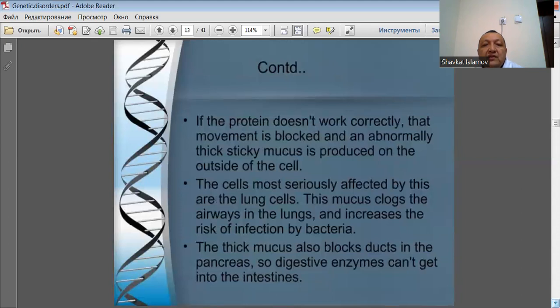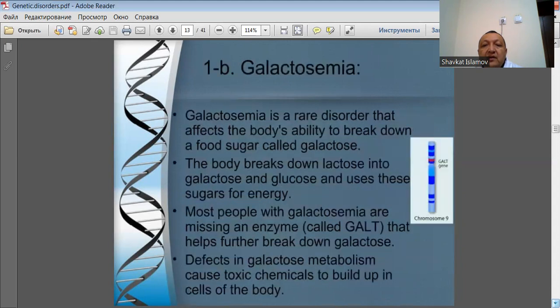If the protein doesn't work correctly, water is blocked and abnormal sticky mucus is produced on the outside of the cell. The cells most seriously affected are the lung cells. This mucus blocks the airways in the lungs and increases the risk of infection by bacteria.